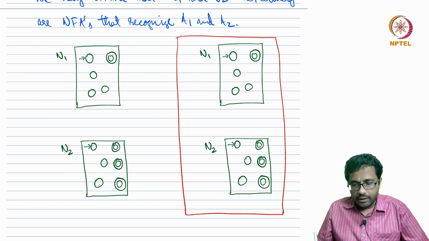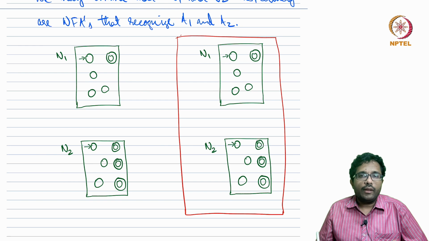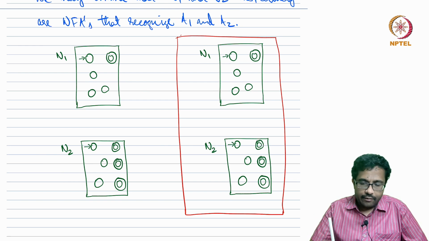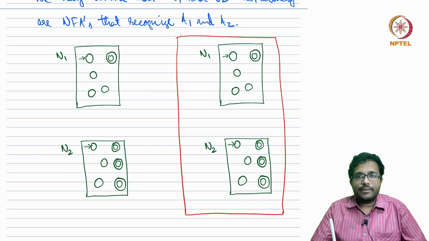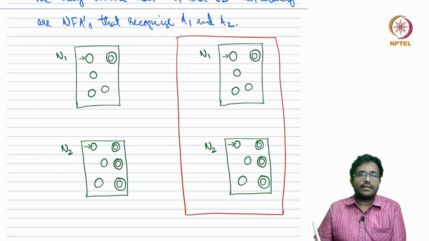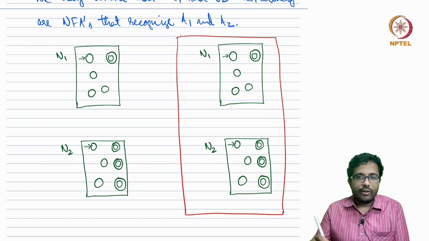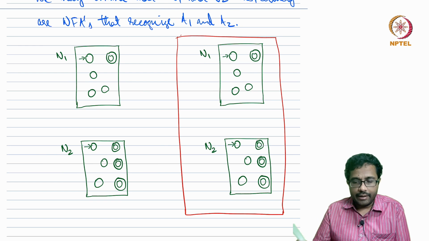What we want is a structure by which either NFA N1 accepts or NFA N2 accepts. If either one of them accepts, the combined NFA should accept.